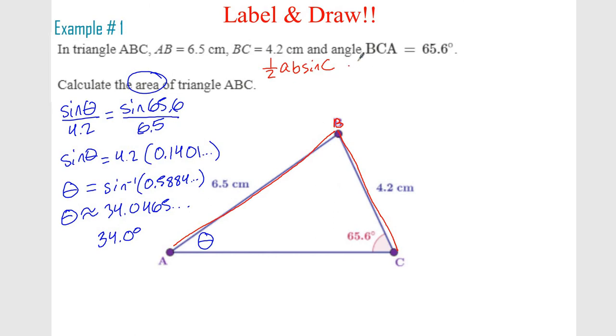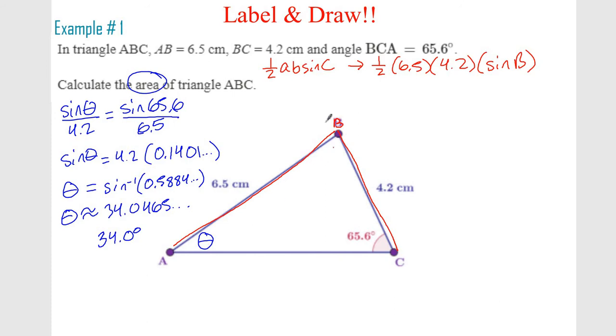So for this triangle, it would be 1/2 times 6.5 times 4.2 times sine of B. Well, we just found out this angle.